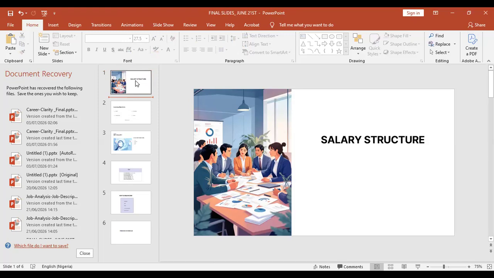It's a compilation of the breakdown of the basic, housing, transportation, it can include also dressing allowance, commissions, other payments apart from the basic, housing and transportation.